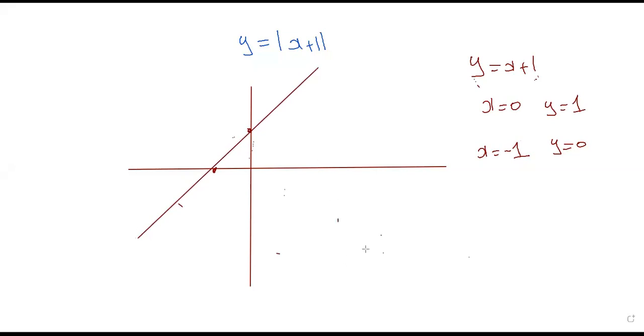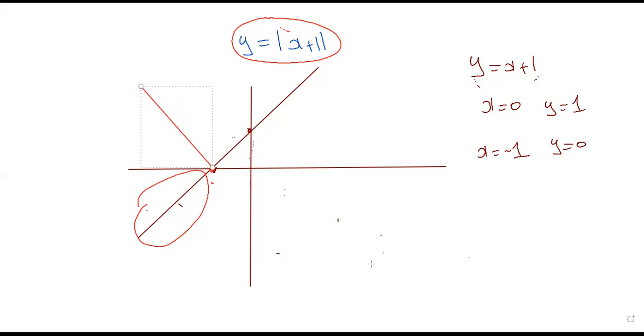Now I know that in the actual question, I need to solve for x plus 1 mod, okay? So this is the point. I cannot have this part, so I will be finding its reflection. So it is going to be something of this type.